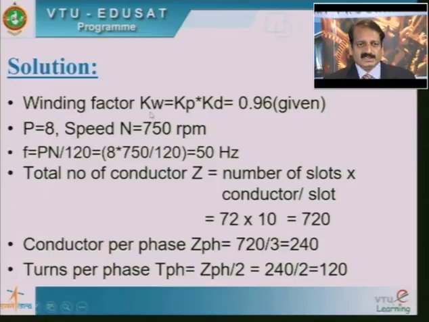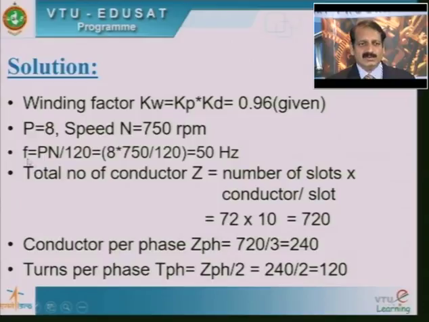The winding factor Kw is nothing but Kp into Kd, which is equal to 0.96, which is already given. The other data given is P, the number of poles, equal to 8, and speed N in RPM is given as 750.